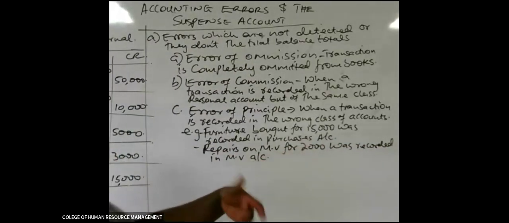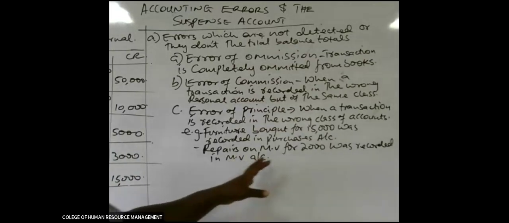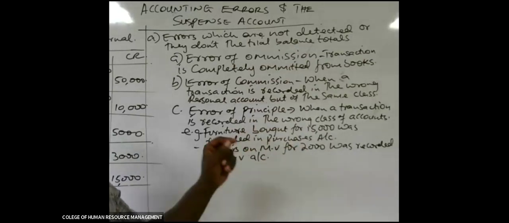But now the 2,000 that you paid for repairs, you went and recorded it in the motor vehicle account. It's not supposed to be like that. When you debit motor vehicle, it simply means that you are acquiring a new motor vehicle. When you repair your motor vehicle, the entry should go to motor vehicle repairs account, which is an expense.